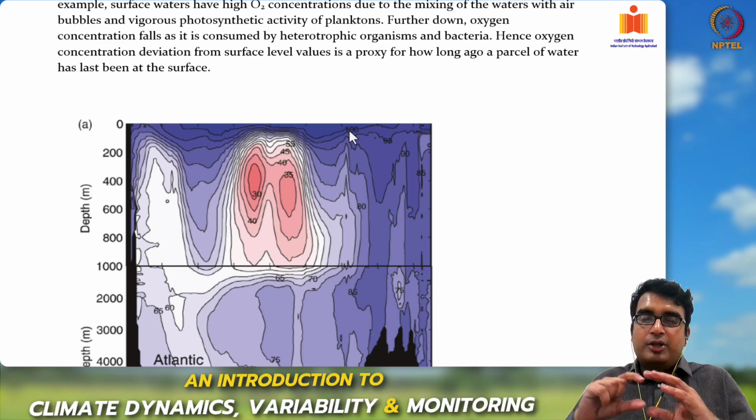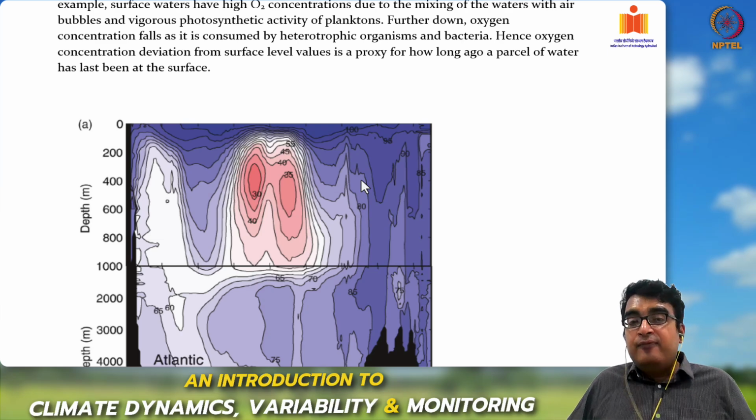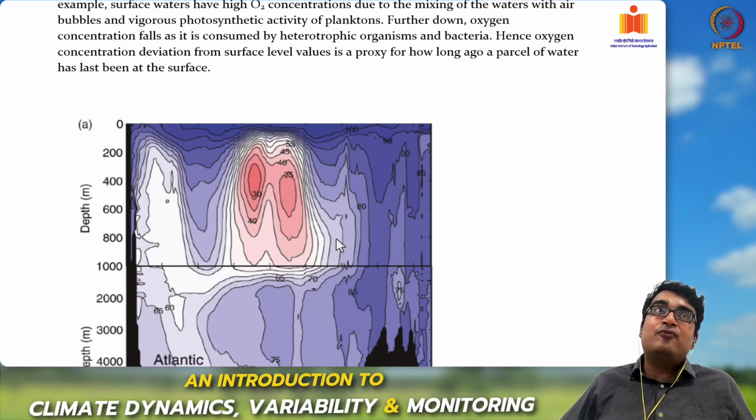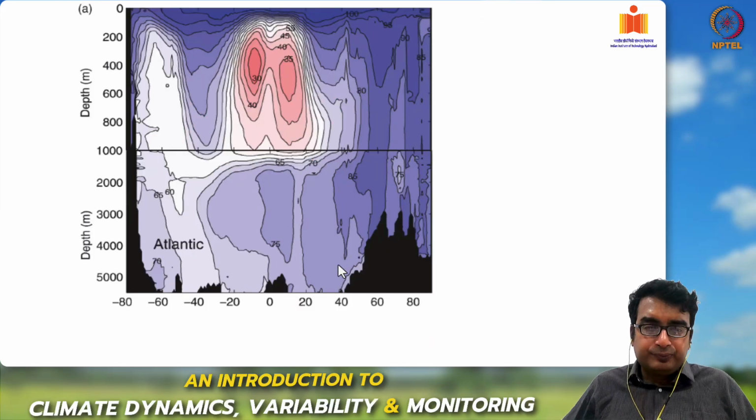That is considered the base, and deeper waters have oxygen concentration as a fraction of the surface level oxygen concentration. So if the surface level is kept as 100 and somewhere else it's 40, then that water has only 40% as much oxygen as the surface level water. So that's how this is done.